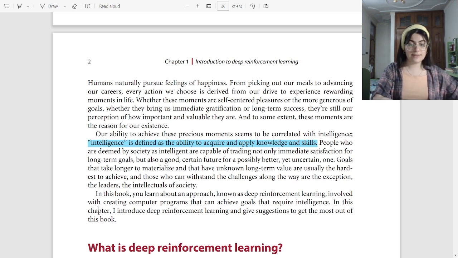And basically it mentions that in this book we'll learn about an approach called deep reinforcement learning, which is kind of like creating a computer program that can achieve goals that require intelligence. But it was based on the way that humans try to achieve goals. So we try to maximize the reward that we're going to get, and reinforcement learning is something similar.